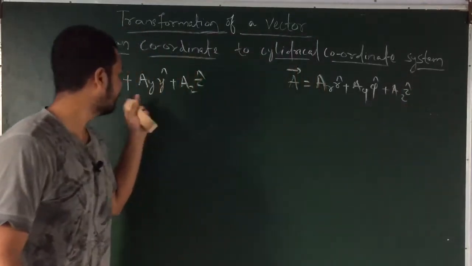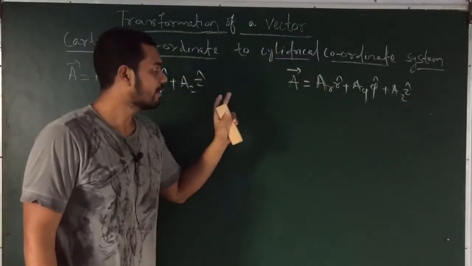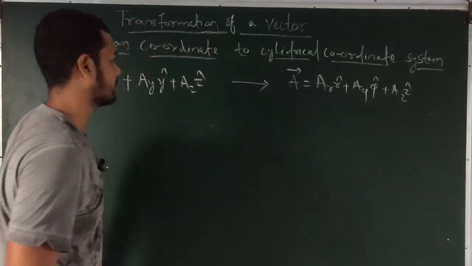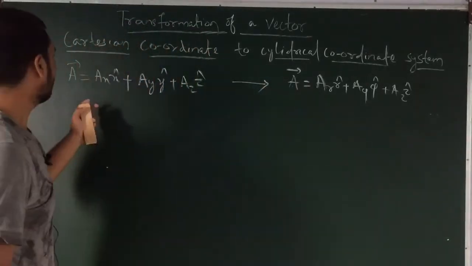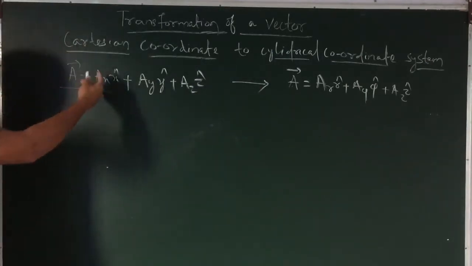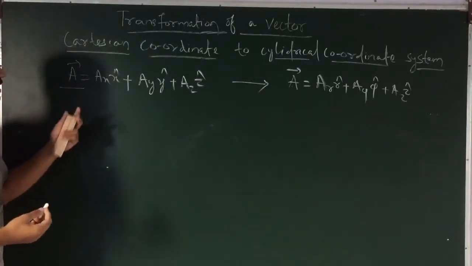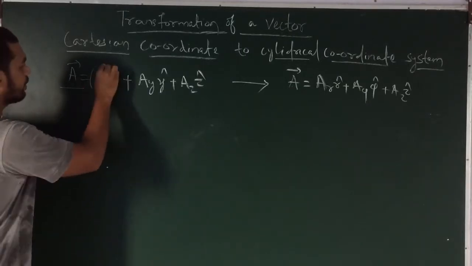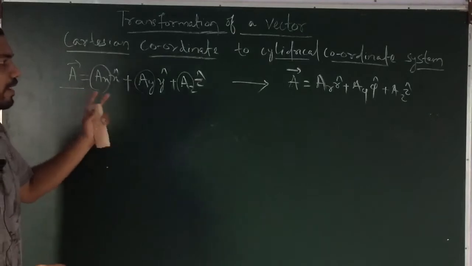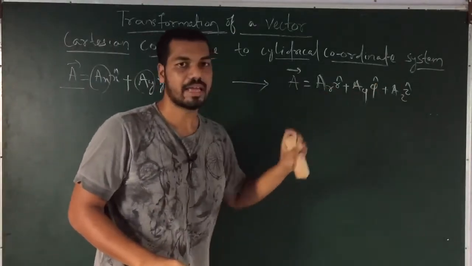We just have to convert the vector A into cylindrical coordinates. So how can we convert the vector if the vector is given in Cartesian coordinate system? That is, if Ax, Ay, Az are given, then we have to find Ar, A phi and Az.